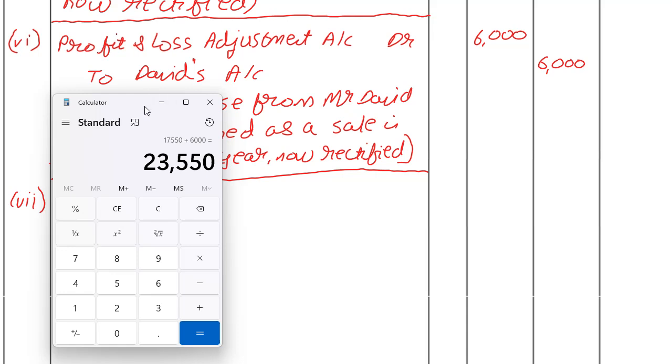If I want to close that P&L adjustment account, it has to become zero. That means I have to credit P&L adjustment account by 23,550 and therefore debit Lalit's capital account by the same number.